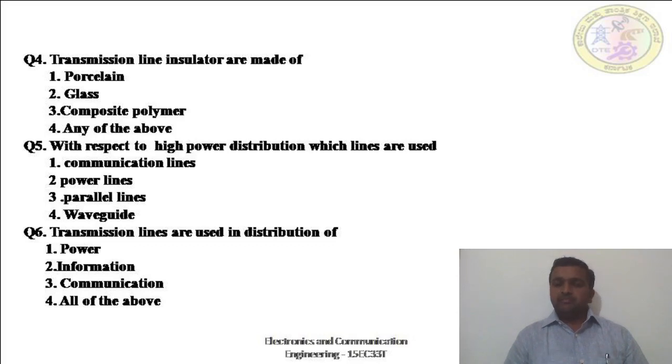The answer is all of the above, because transmission lines are used to carry power from one station to another, information from one source to destination, and communication from one place to another, like radio frequency transmission for a desired distance. Hence, the answer is option number 4.